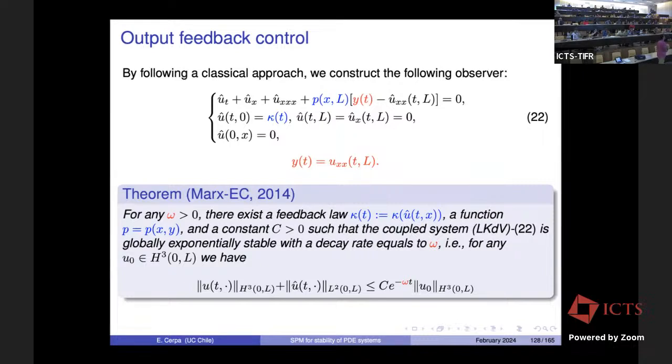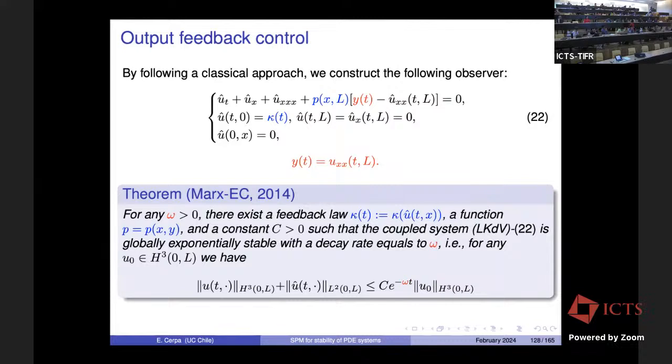So here you have the exponential decay rate for the observer in L2, and U is in H3. Ah, okay. But this is the linear case. But after, you have another estimate with U minus U hat, two or three slides after. Yeah, in H3. I changed one and not the other one. And I made a mistake when I put it.